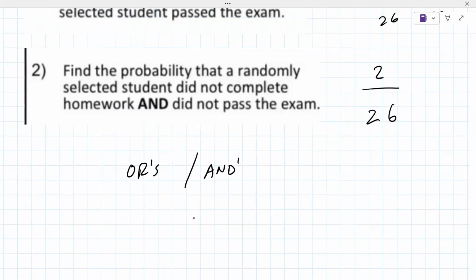Ors and ands are out of the total. All right, I got that written down. So then I guess it would reduce to 1/13.